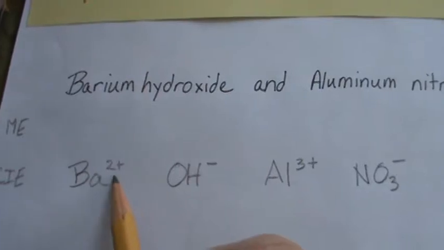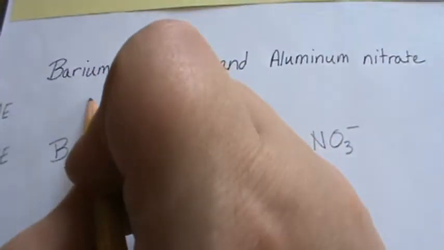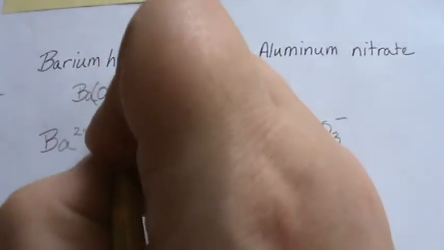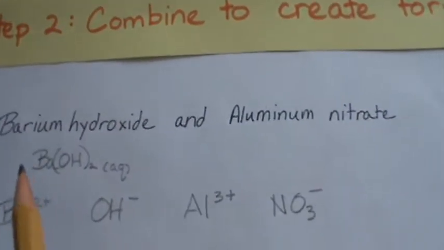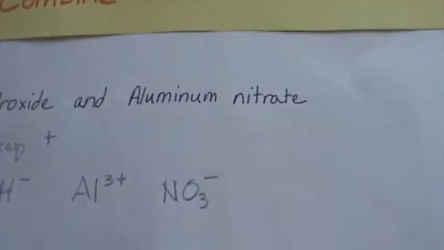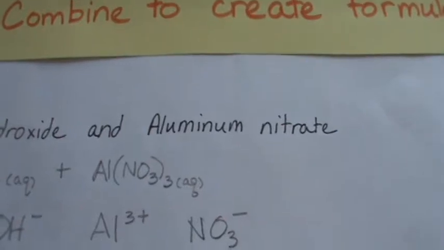So now I have Ba2 plus and OH minus, so this becomes Ba(OH)2, and I'm going to list that as aqueous because that's what's understood when we're doing this. And then I have aluminum nitrate. And that's definitely going to be aqueous because of our nitrate.